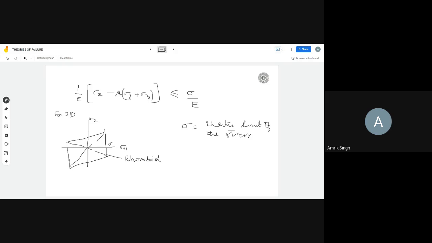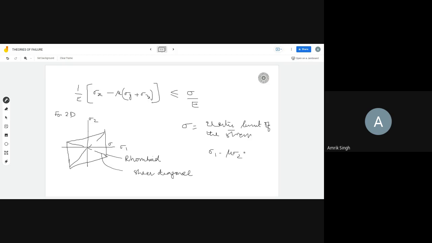So this is a rhomboid which is obtained, and this is known as a shear diagonal. So you can write this as sigma 1 minus mu times sigma 2.